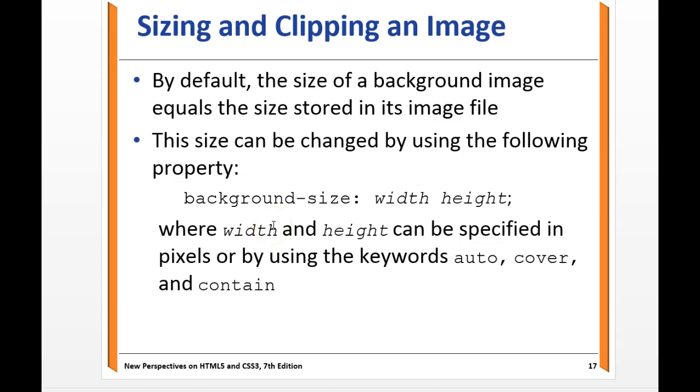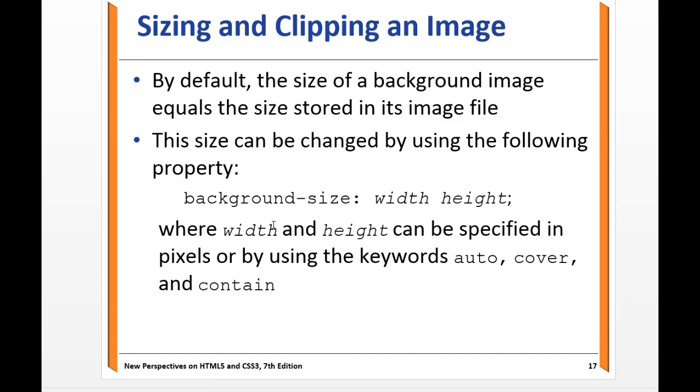Rather than putting the pixel, because maybe you don't know the size, you can also use these types like auto, cover, or contain. The cover keyword tells the browser to resize the image to cover all of the element background while still retaining the image proportion.